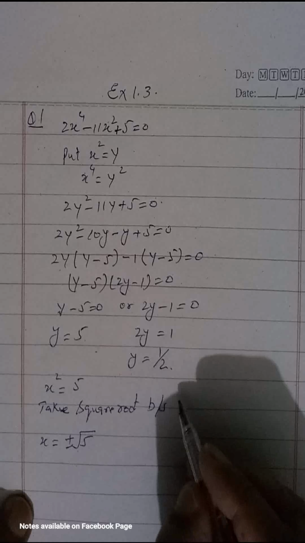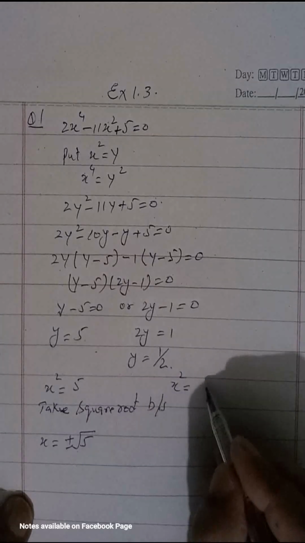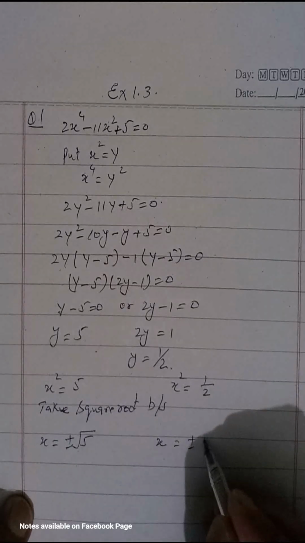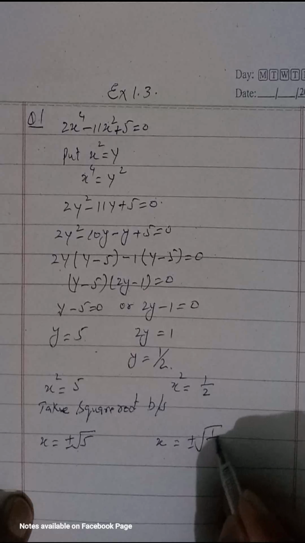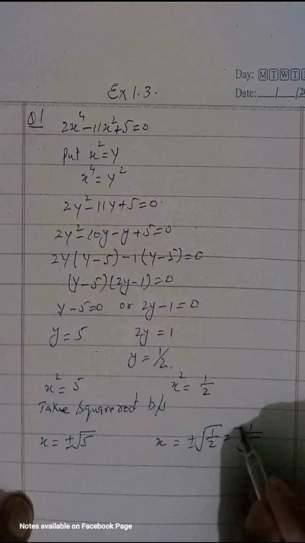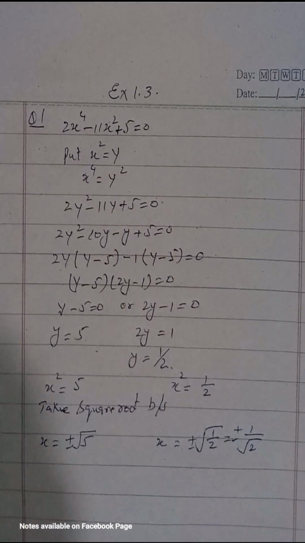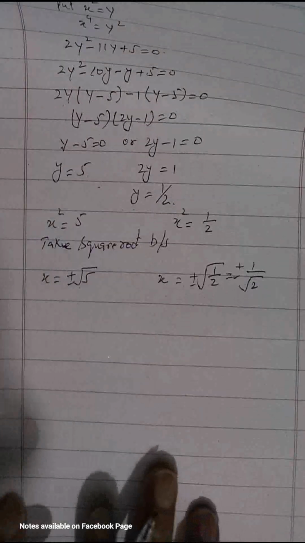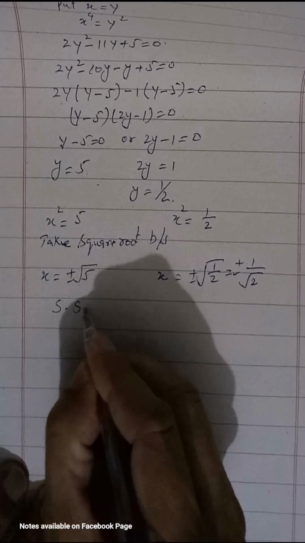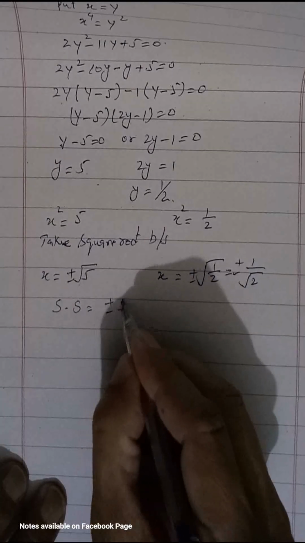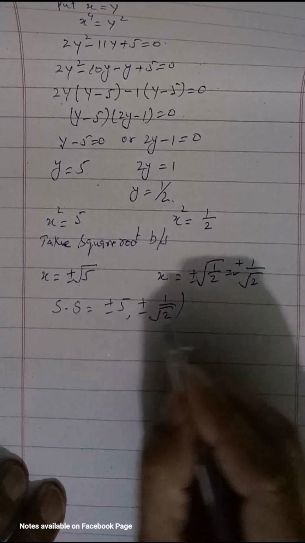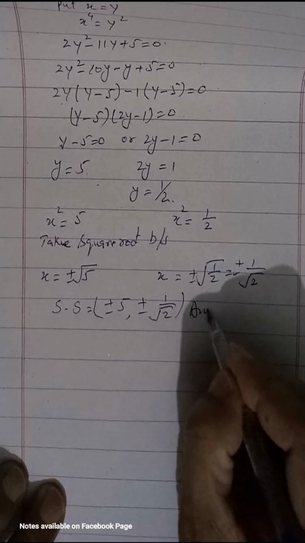And on the other side, x square is equal to 1 over 2 and x is equal to plus minus square root of 1 over 2, or plus minus 1 over square root 2. This is the answer for x, and the solution set is plus minus square root 5 and plus minus 1 over square root 2, and it is our answer.